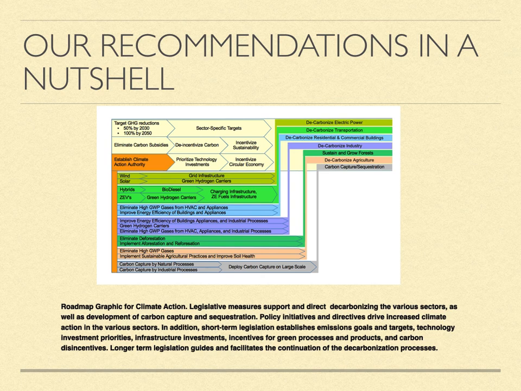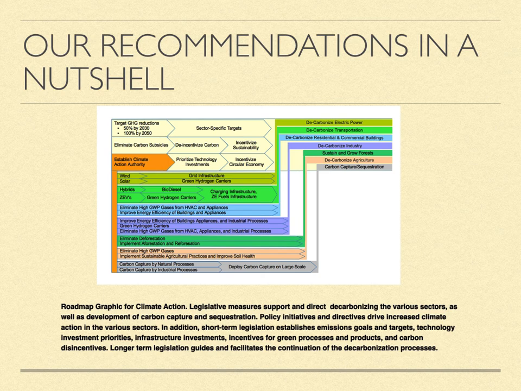We would want to eliminate carbon subsidies. We would want to otherwise de-incentivize carbon. We would want to incentivize sustainability. We would want to prioritize the technology investments that are critical to making progress on addressing climate change. And we would want to incentivize a circular economy.